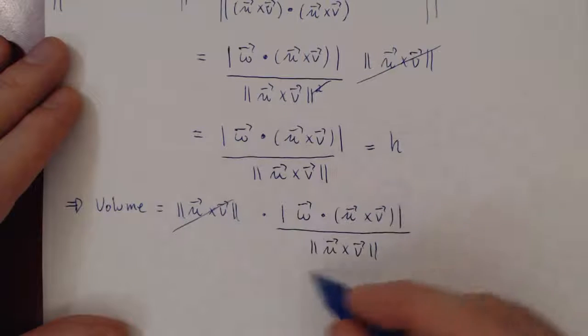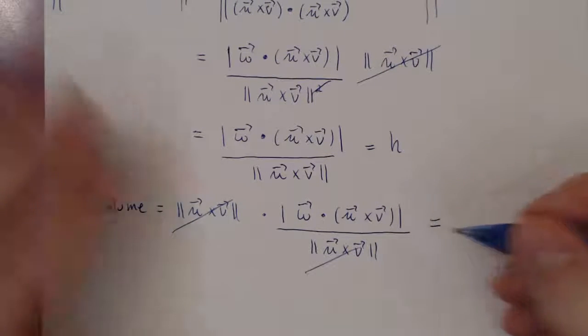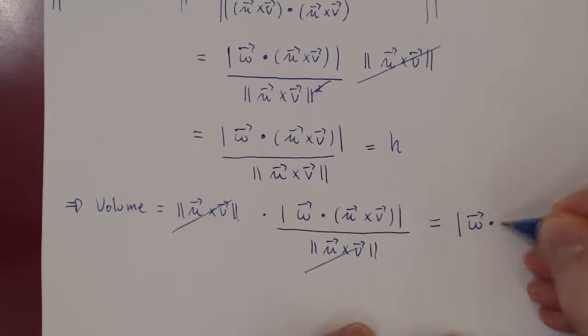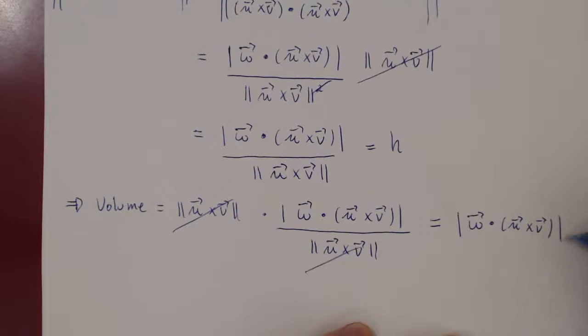We can cancel these two, and we're left with quite simply the absolute value of W dotted with vector U crossed with vector V. And that is the scalar triple product of W, U, and V.